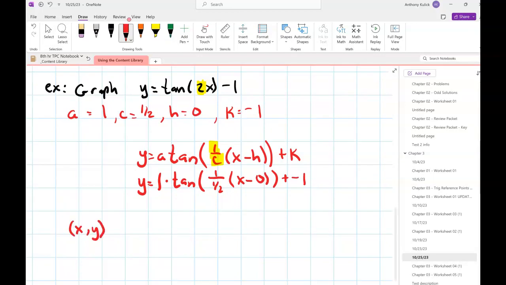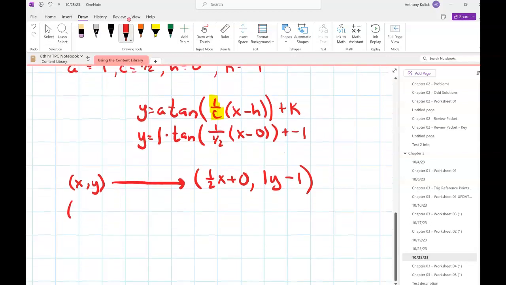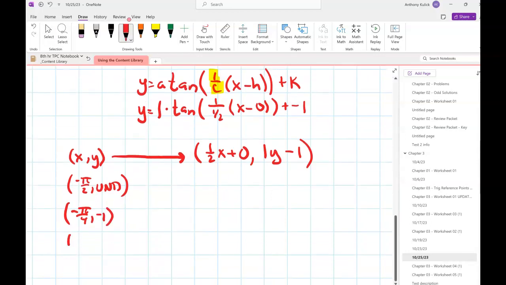So once I have those values, I'm going to write my transformation map. So Cx plus H, Ay plus K. And I'm going to take those points from my key points sheet. Now again, you'd be looking these up. Me as a math teacher, I have these things memorized.